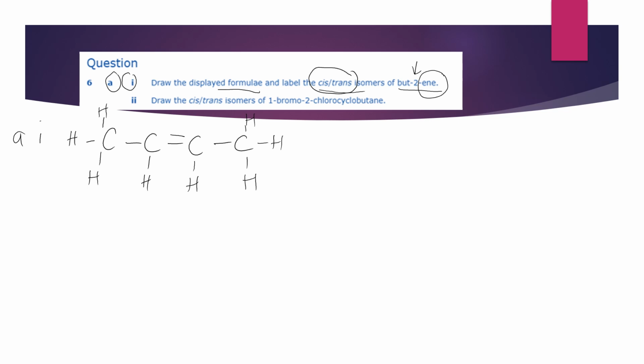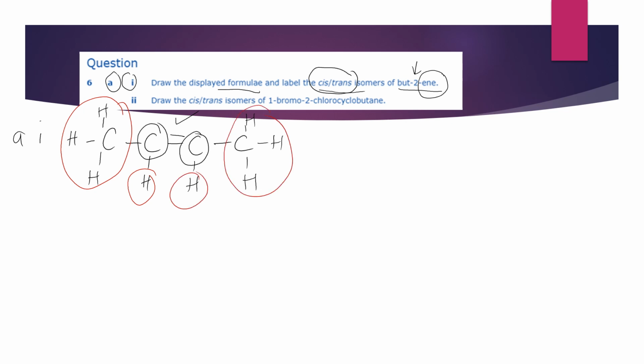The first is the substance has a double bond. And then the second, the carbons with the double bond are attached to different groups, here methyl and hydrogen. Methyl and hydrogen. So there are the cis-trans isomers of butene.